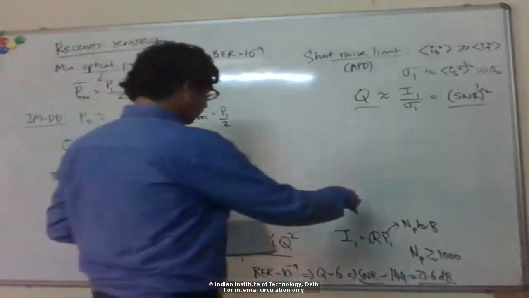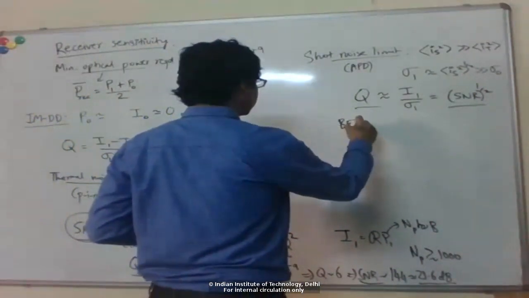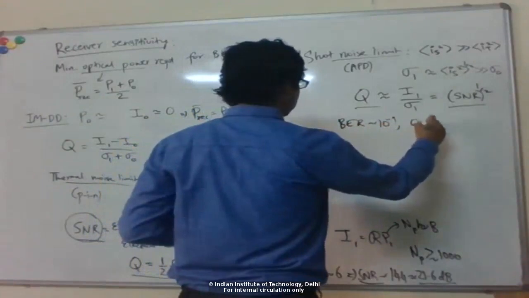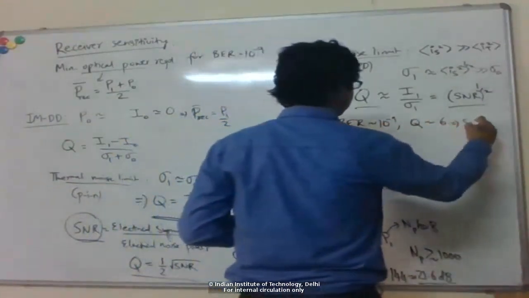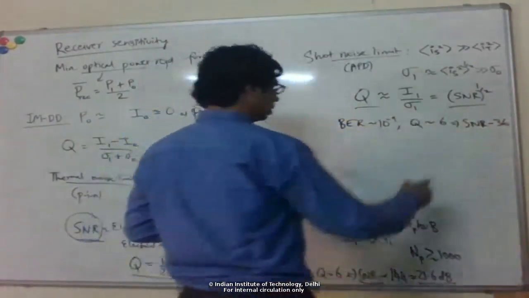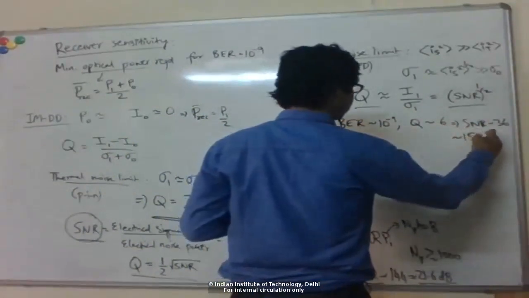Okay, so now you can see again, for a bit error rate of 10 to the minus 9, Q is 6, and so this implies we need an SNR of about 36, which is about 15.6 dB.